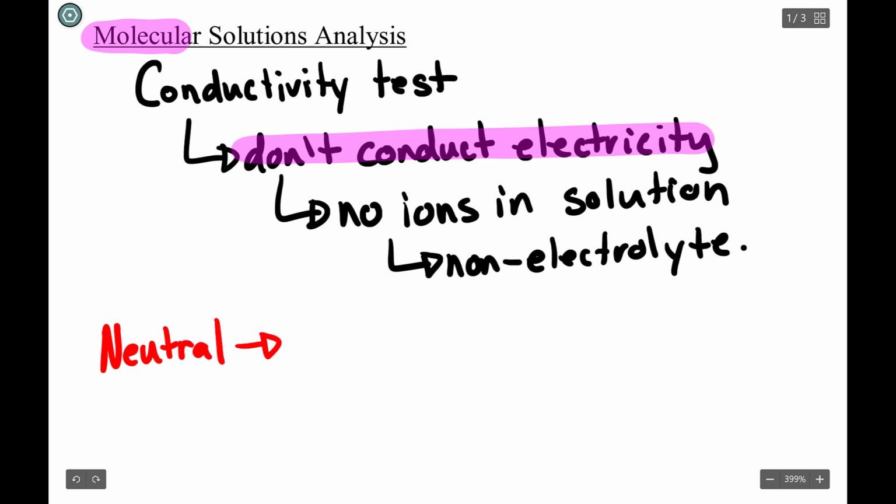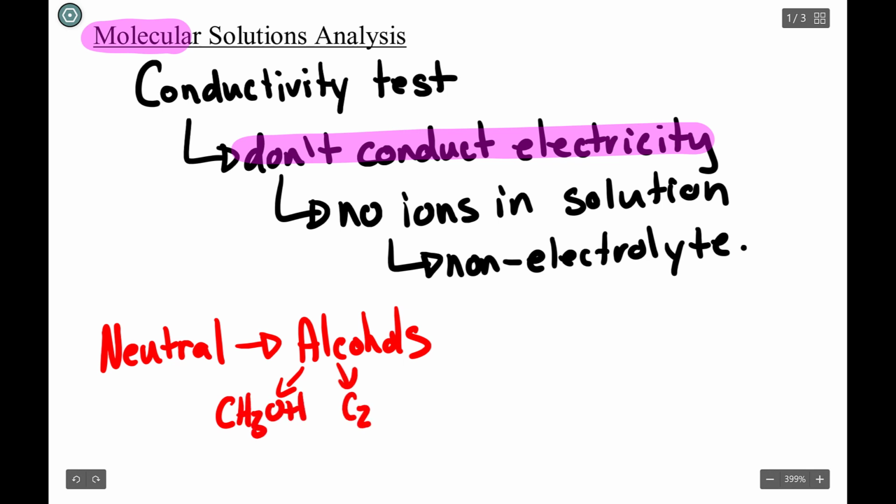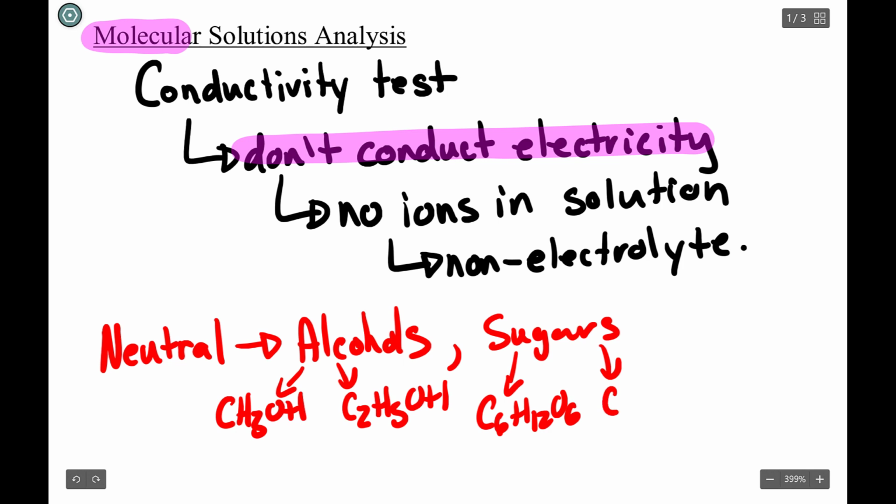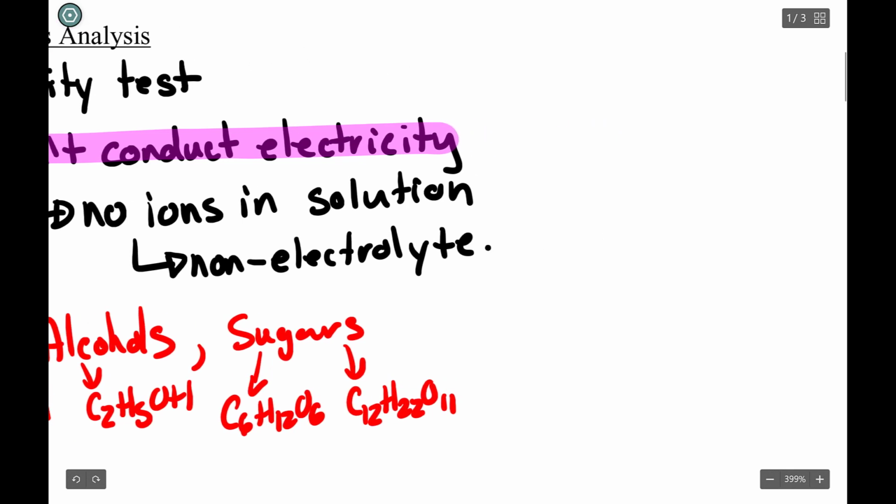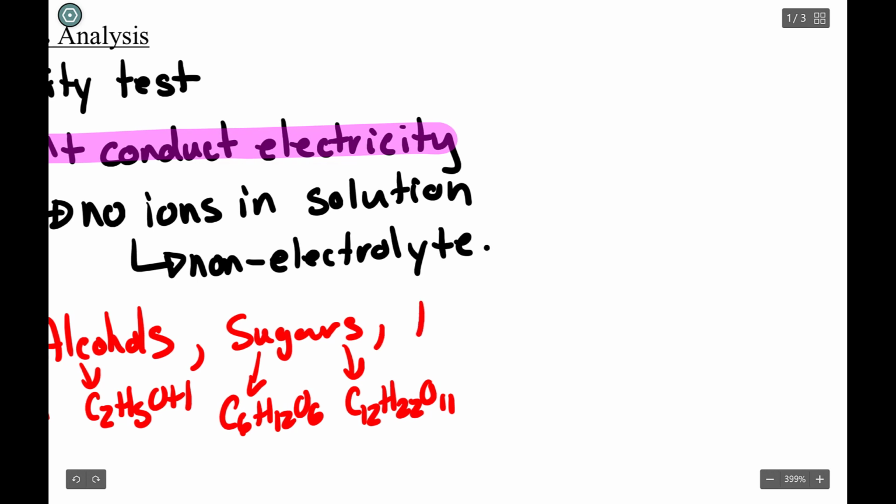So the neutral moleculars that you should know are things like alcohols, which would be CH3OH, which is methanol, C2H5OH, which is ethanol, sugars, which would include glucose, C6H12O6, or C12H22O11, and then also just pure water. That would be neutral as well.